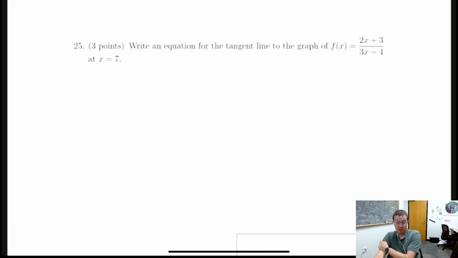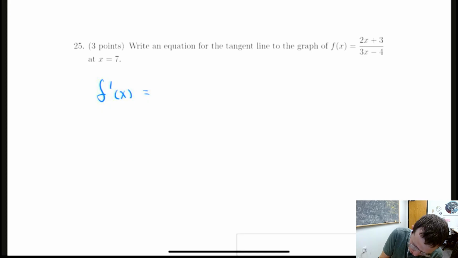All right, so tangent line. That's a line. I need two pieces of information to find the equation of a line. I need the slope, and I need one of the points on the line. Or I need two of the points on the line, and then from there I can find the slope. In this case, we're talking about the tangent line to a function, and the slope of the tangent line is given by the derivative.